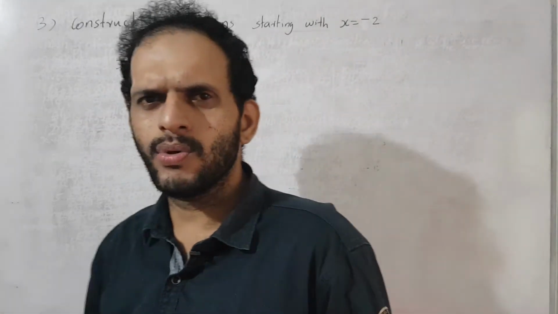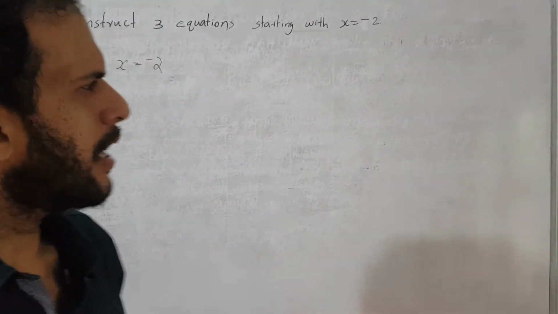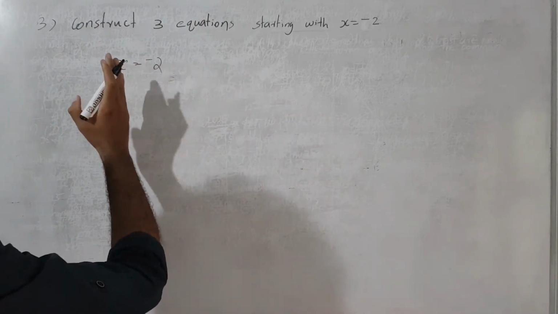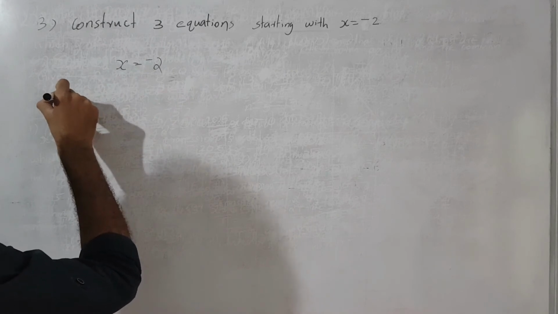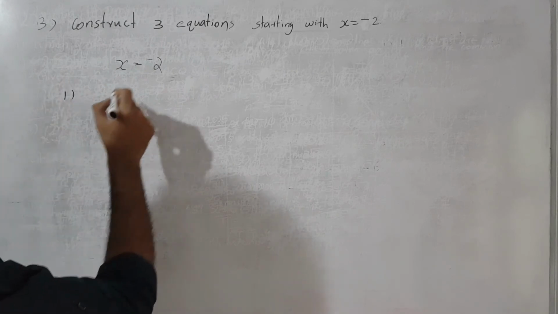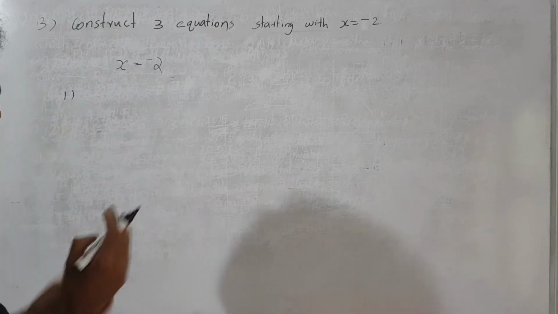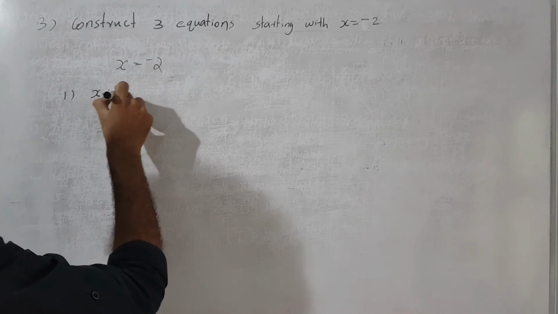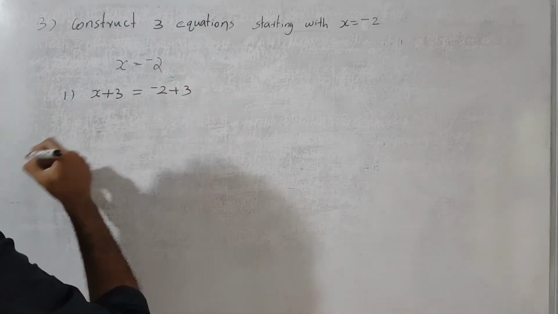Clear? That means we choose any one number, say 3, and we fix any one operation, plus, and we add the 3 on both sides of the equality sign. The first equation we make like this. First we do the addition operation, the number is 3, so x plus 3 is equal to minus 2 plus 3.